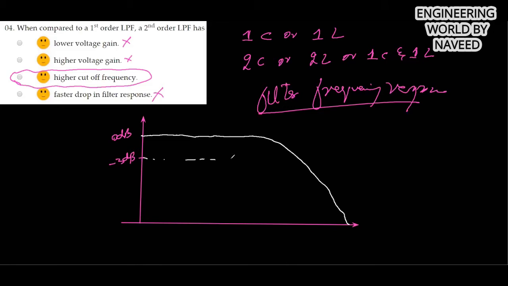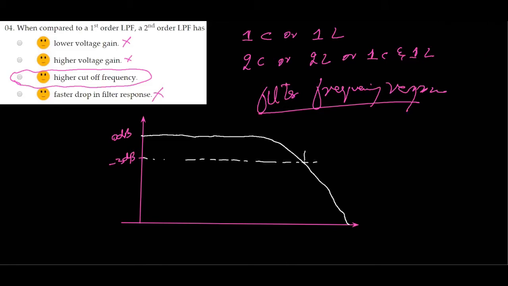This minus 3 dB point is your corner frequency, which is represented by Fc. This is your corner frequency.